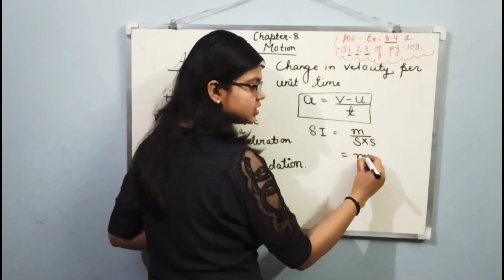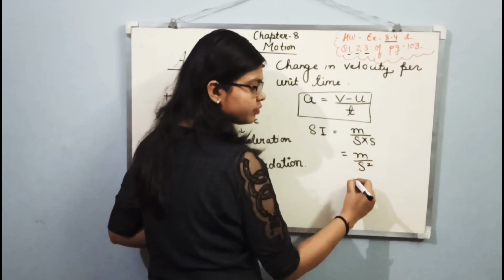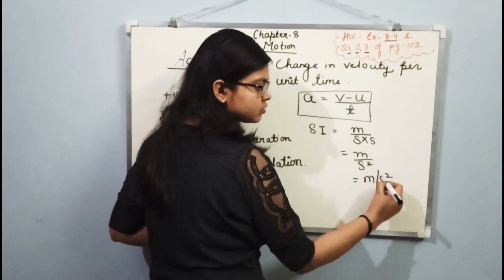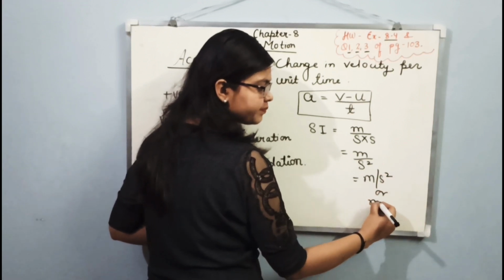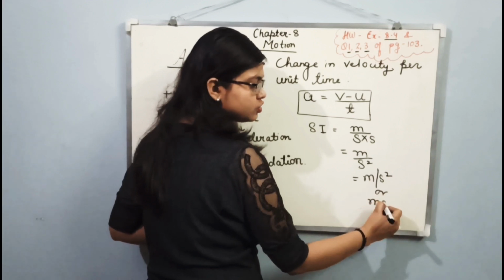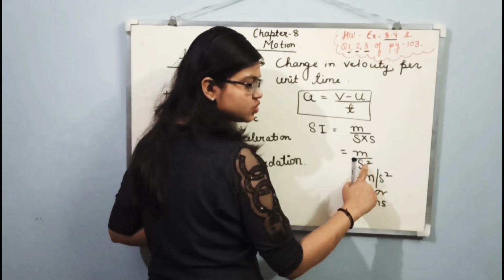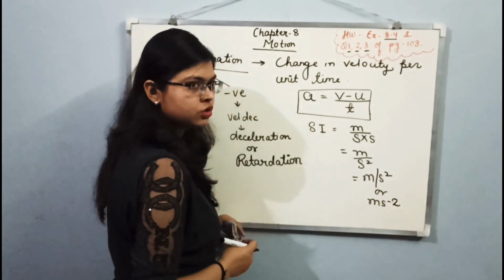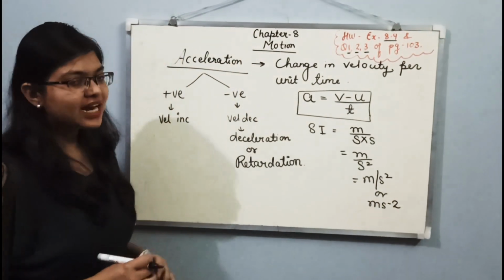So it will be meter upon second square, which you can write down as meter per second square or m/s². Here the power of second is 2 in the denominator, which is plus 2. When it goes up, it becomes minus 2. So students, these are the types of acceleration.